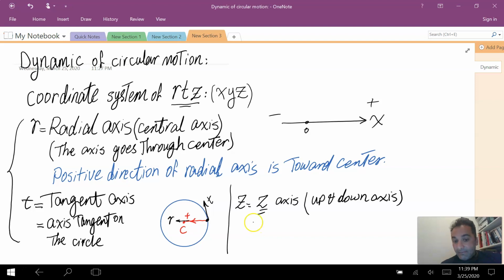So here, anything upward is positive, down is negative. Do not forget this. The Z-axis is the same as the Y-axis we had before. So RTZ is like XYZ.